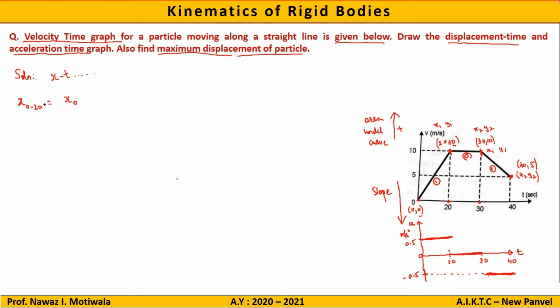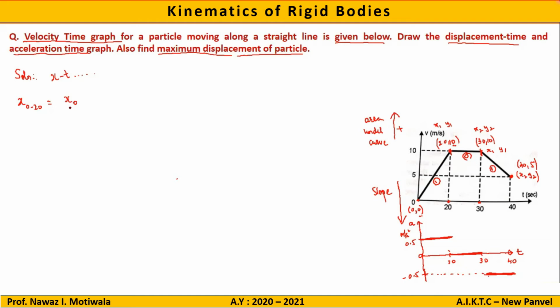Sometimes in the question it is given that it is starting from the point x is equal to 5. So this x0 will become 5 here. So every time please remember, when the initial displacement is given, we have to add it every time in the solution.